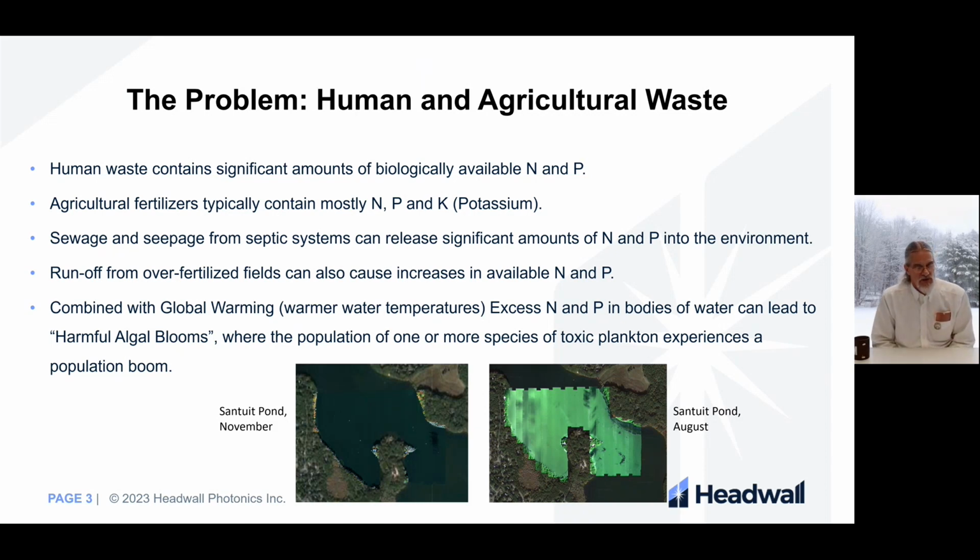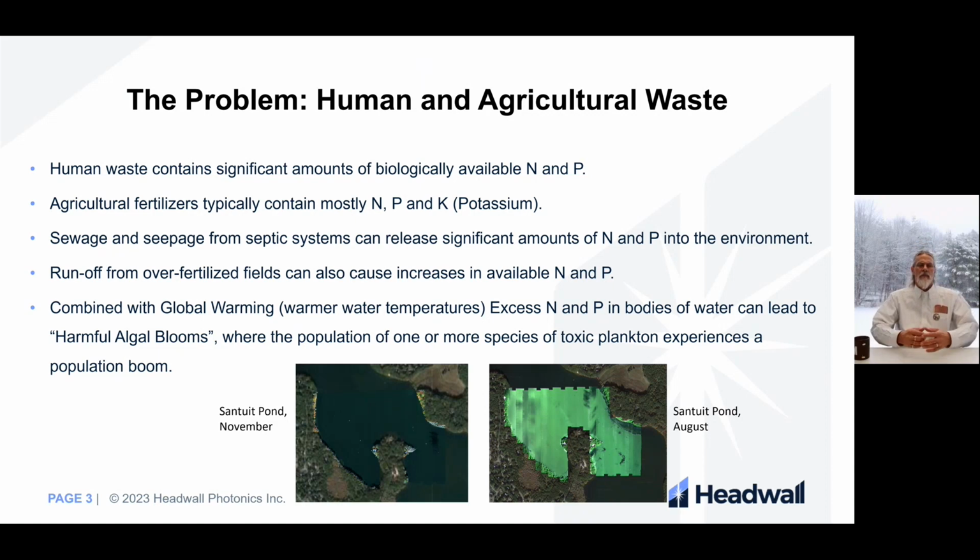So sewage and septic systems can put a lot of nitrogen into the environment, because although all the solid waste can be collected in a septic system, the nitrates and phosphates are highly soluble and they will seep through the groundwater and get into bodies of water. Runoff from over-fertilized fields can also increase the amount of nitrogen and phosphorus.